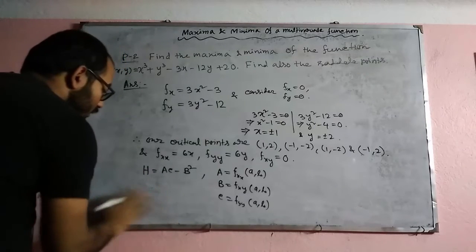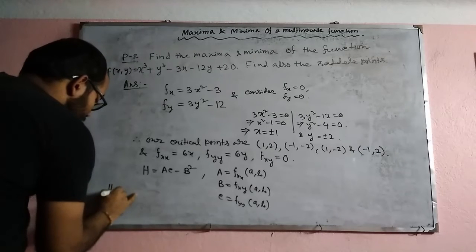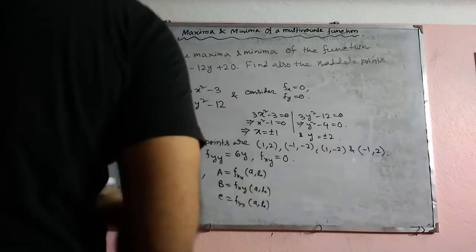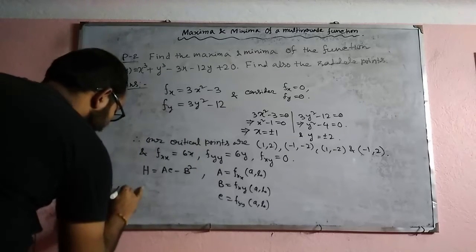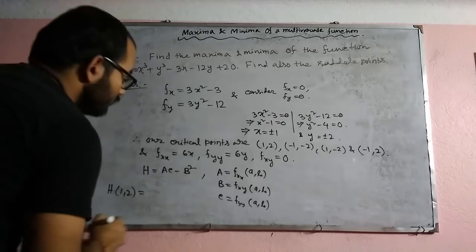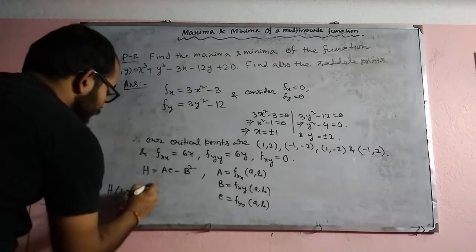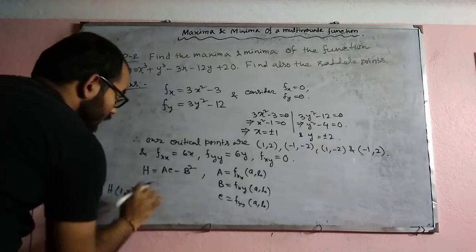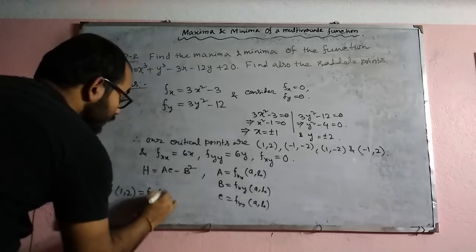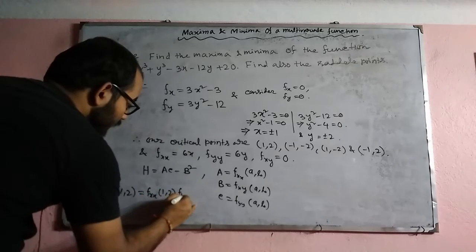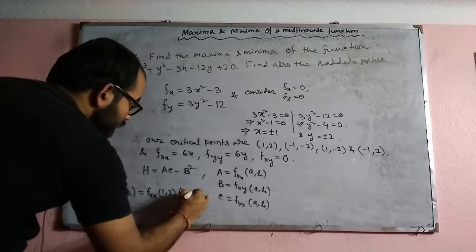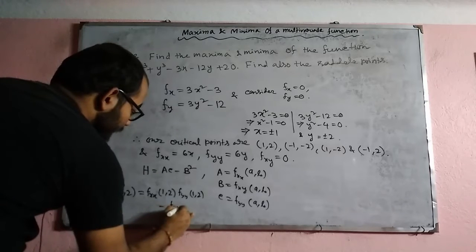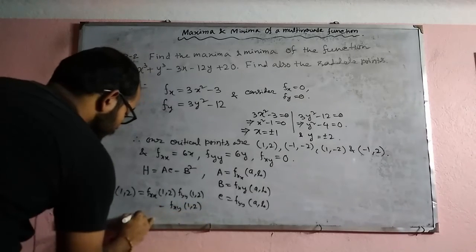Now what is h at 1 comma 2? That will be fxx at 1 comma 2 times fyy at 1 comma 2 minus fxy squared at 1 comma 2.